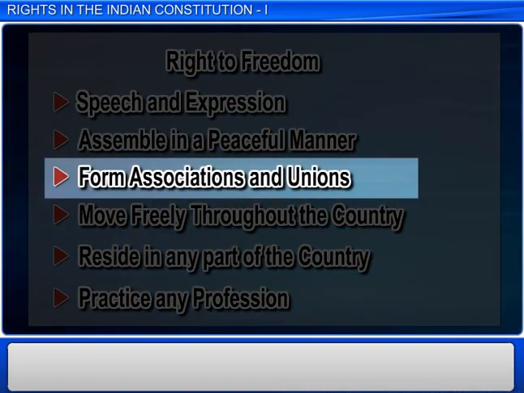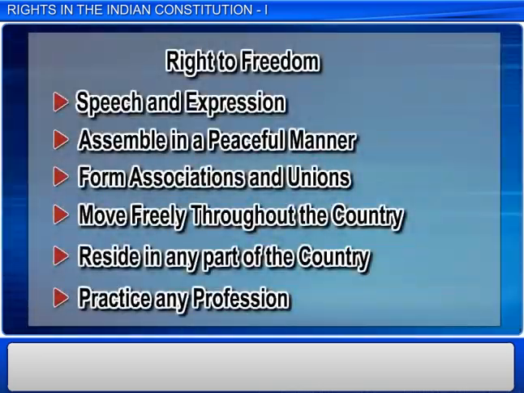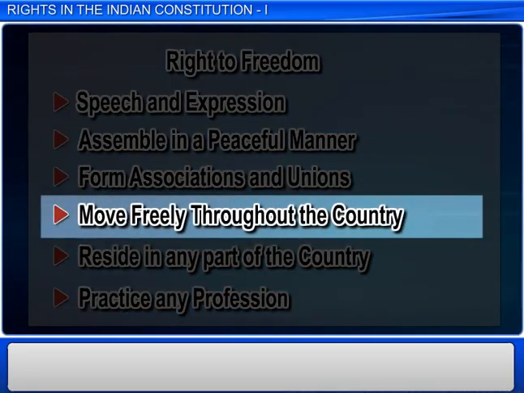The right to form associations and unions grants all citizens of India the freedom to form or be part of an association or union, such as a workers' union or a campaign association against pollution. All citizens of India have the right to move freely throughout the country.